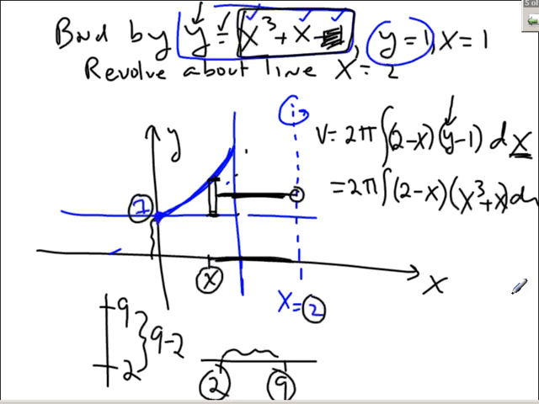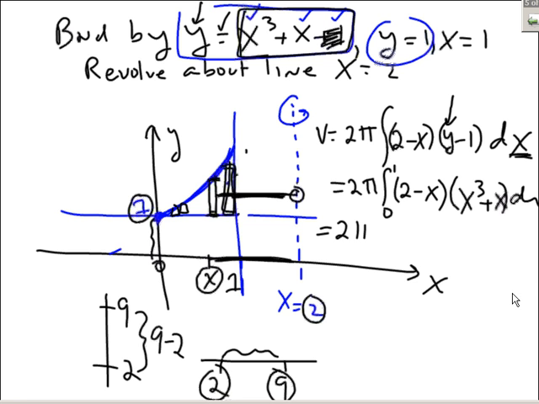And x is going from, and how you find that out is you look at the strips, the leftmost strip to the rightmost strip. The leftmost strip is going to start at 0 and it's going to finish at 1. We're integrating between 0 and 1.